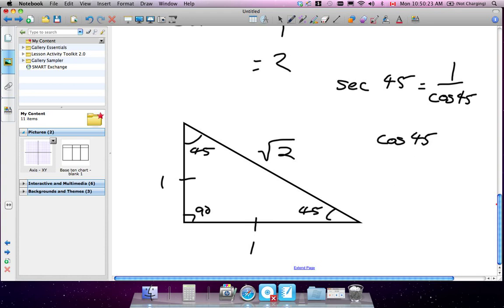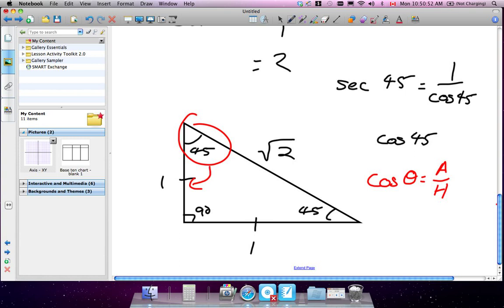And we know the hypotenuse is the square root of 2. Do you know what cos theta is? CAH: adjacent over hypotenuse. What works out great here is both of these angles are 45, so I can just choose one. I'm still going to get the exact same answer. Let's say we choose the top one.